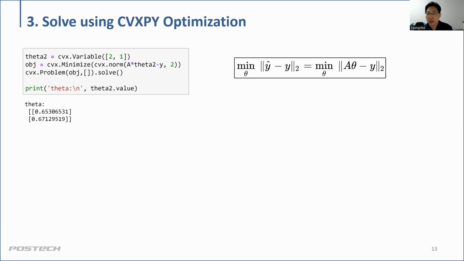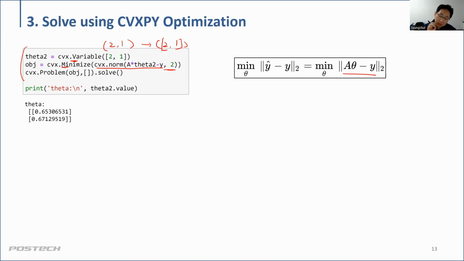Another way that you can do it is to use CVXPY. Remember that, and capitalize it. I'm not sure which one is adequate for the version that you have in Colab, so try everything and figure out which one is right for you. Then the two norm of A times theta minus y.